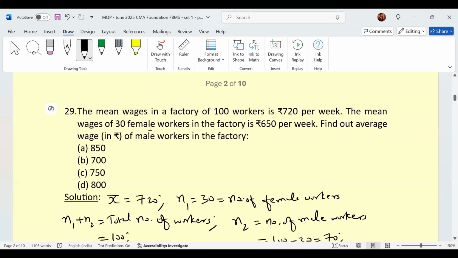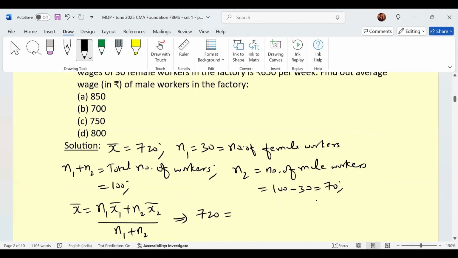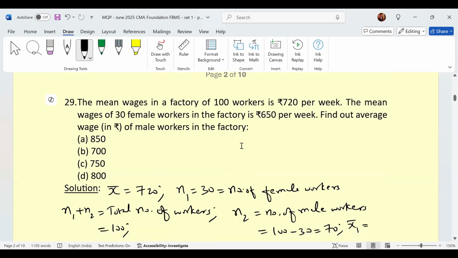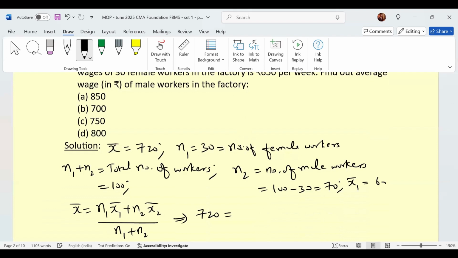X1 bar is female workers' wages. That is given in the question as 650. And N1 is number of workers. So 30 times 650 plus 70 times X2 bar divided by N1 plus N2 is 100.